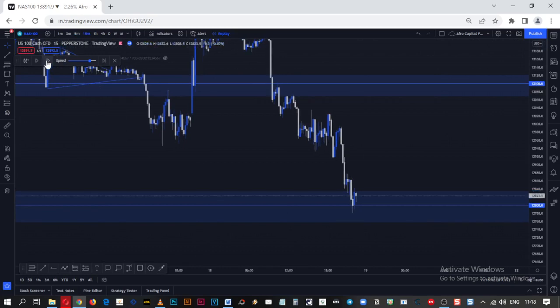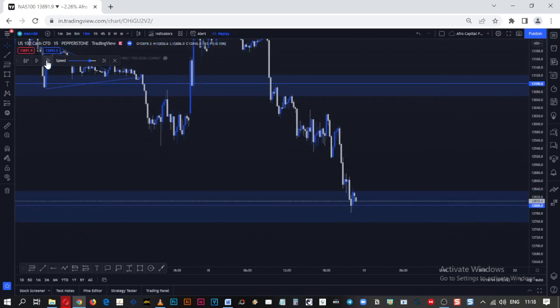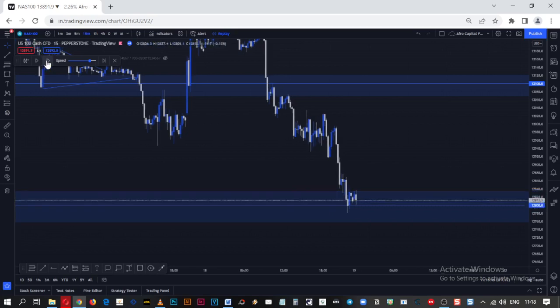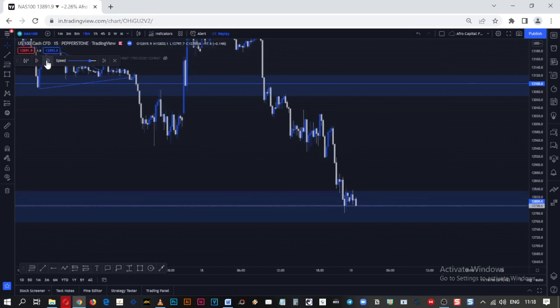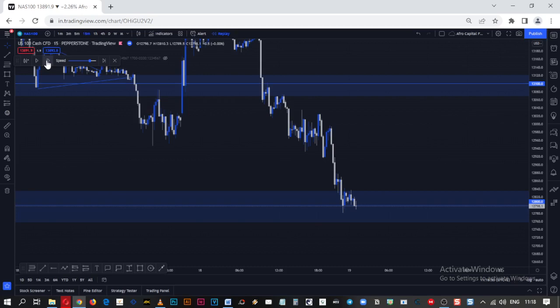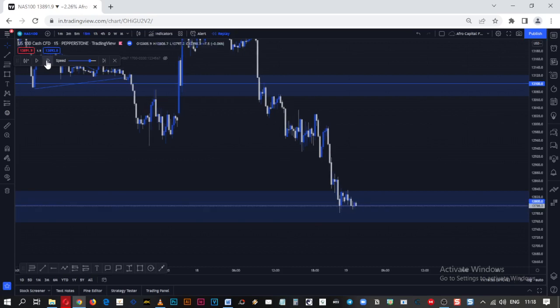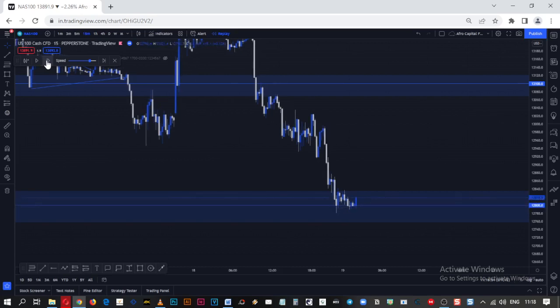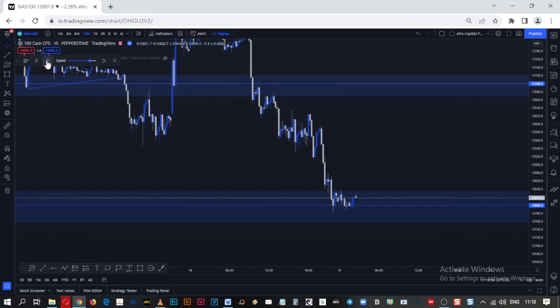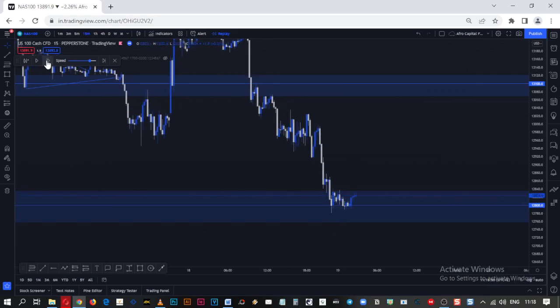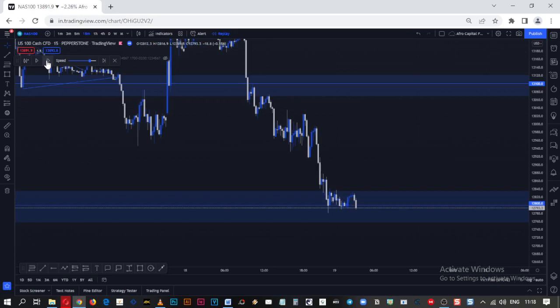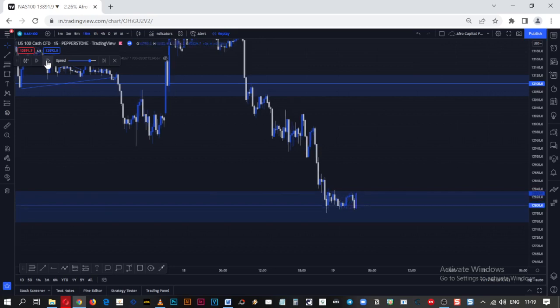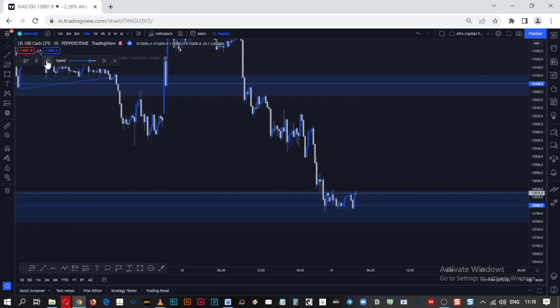Interesting. Let the market play out. Wait for the market to play its hand. How is the market going to play its hand? Which hand is being presented to you?